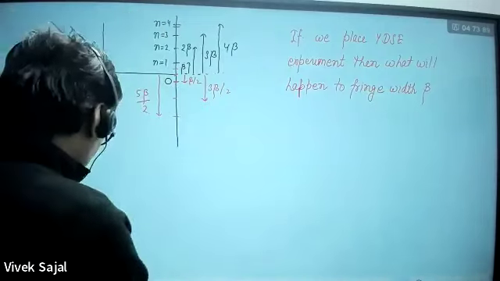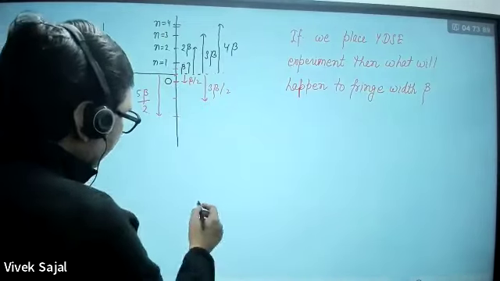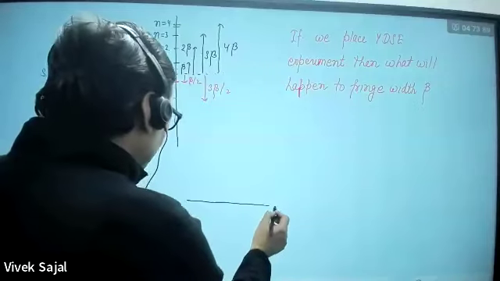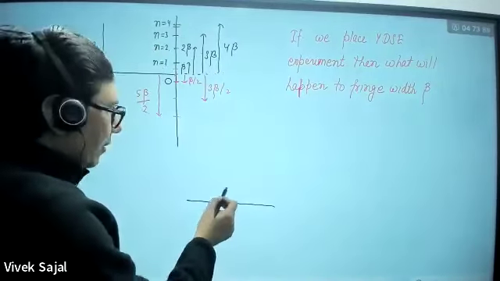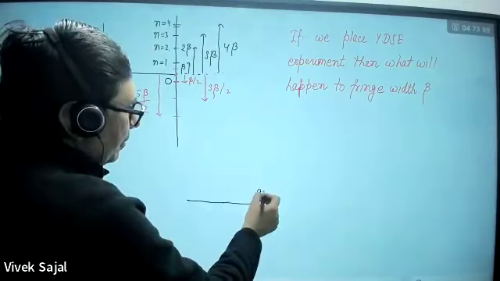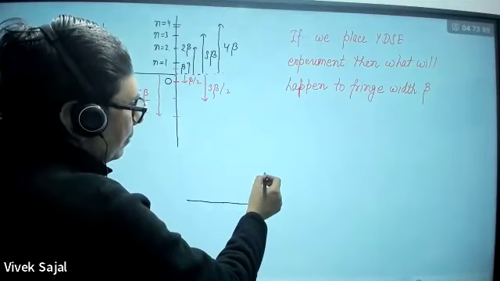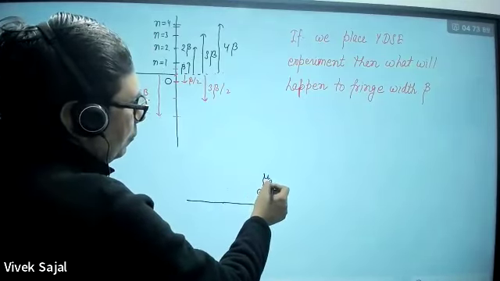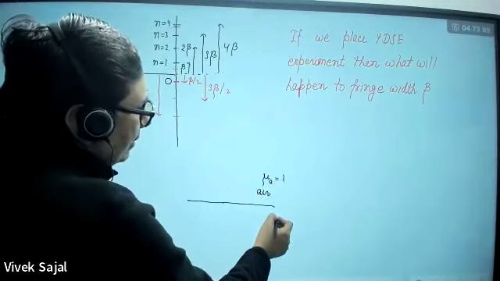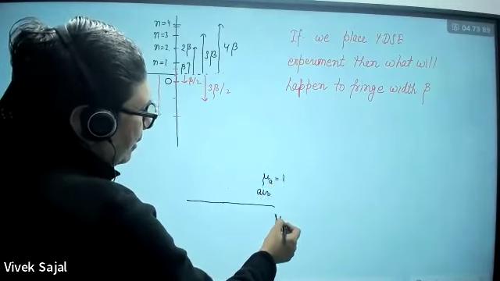So try to understand very simply. Suppose this is the first medium, air. What is the refractive index of air? You can say mu A, that is 1. And this is another medium and its refractive index is mu.